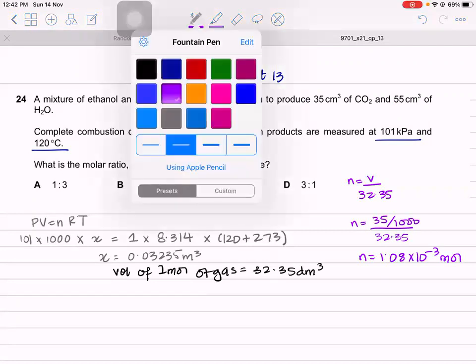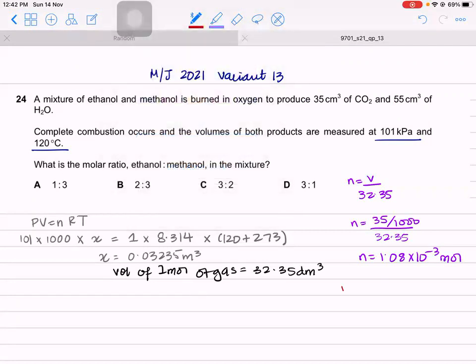Let's find the moles of water. Moles is 55 upon 1000 upon 32.35, and the moles of water come out to be 1.7 × 10^-3. So these are the moles of water, and these are the moles of carbon dioxide.